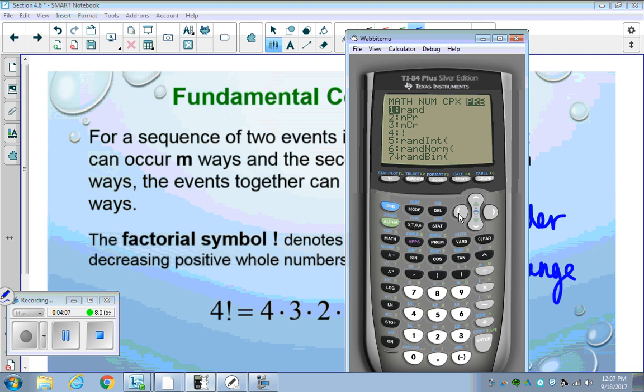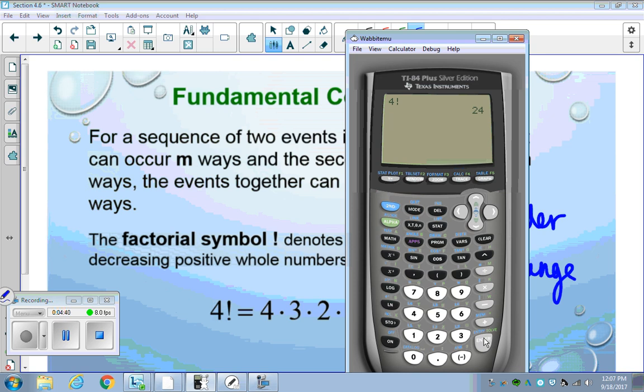Everybody see that list? Same list I'm seeing? It just so happens that number 4 is the factorial symbol, but it's right there, okay? So you're going to choose number 4 or cursor down and hit enter. So I'm going to choose number 4, takes you back to the home screen. It says 4 factorial, so I don't have to punch in 4 times 3 times 2 on my calculator, okay? And when I enter, I'm going to get 24.